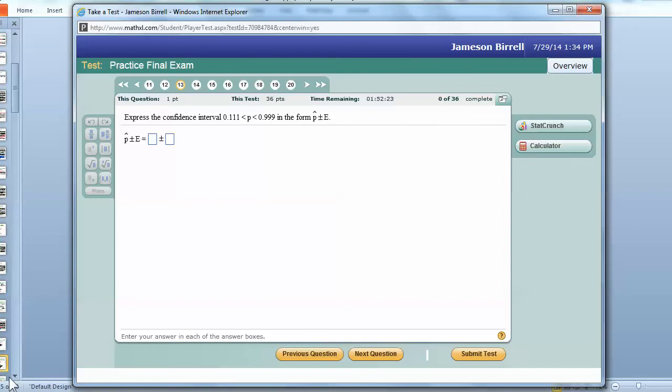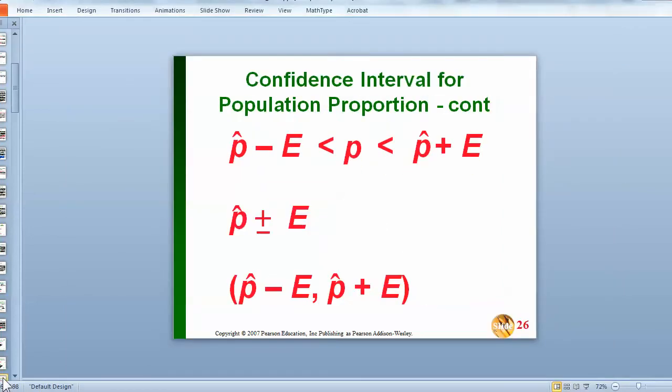We can figure in reverse what those are, because if the whole distance across is going to be one E and another E, then two E's go all the way across the interval. In other words, if we find the average of those two, we can get the middle and we can get p hat.